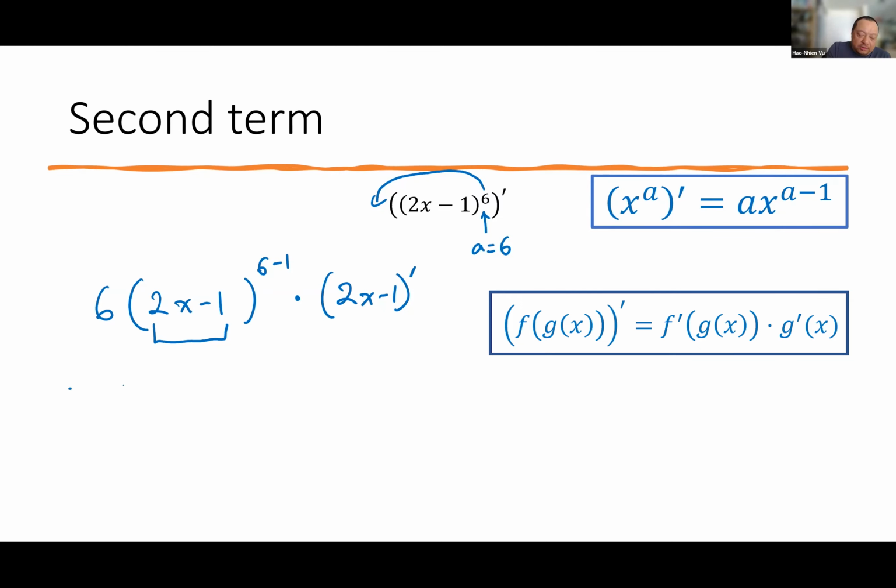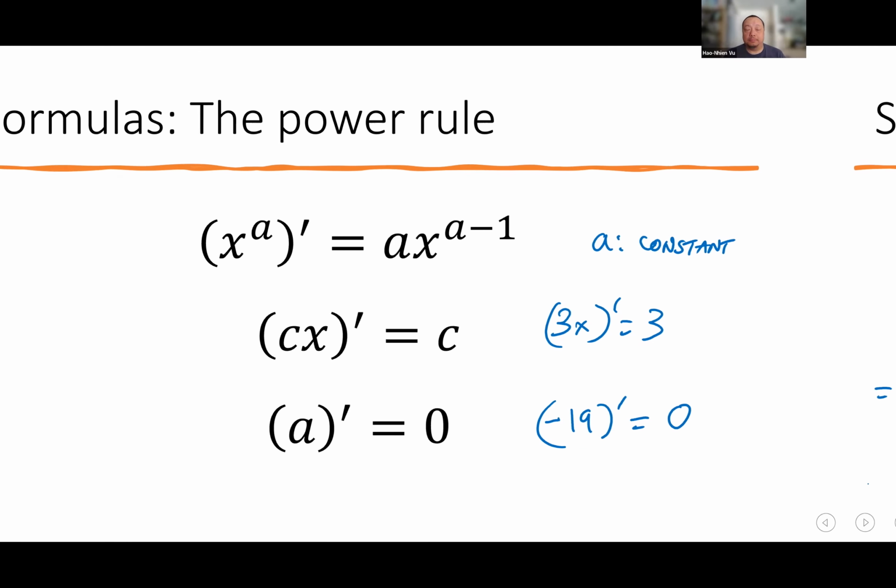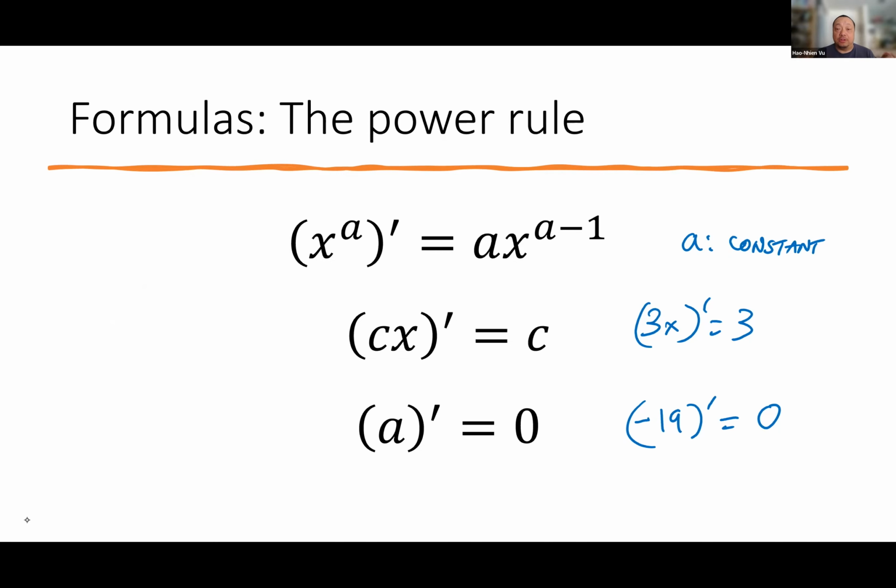All right, so this is 6 times (2x minus 1) to the 5th times the derivative of this. The derivative of this breaks up into the derivative of 2x minus the derivative of 1. The derivative of 1 is 0, derivative of a constant. The derivative of 2x is 2. Back to this slide. It's the general power rule, but if you apply it to the case where a is equal to 1 and a equals 0, you will get the next 2 lines, and they come up so often, it's more convenient to just think of them as new formulas.